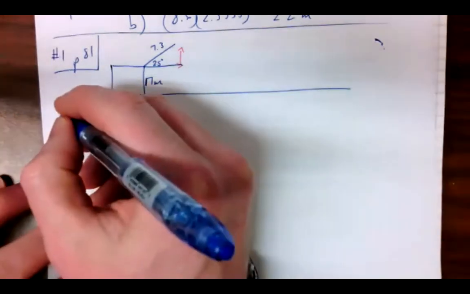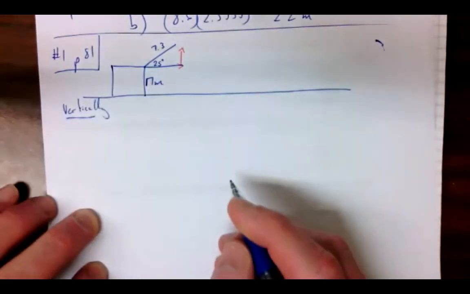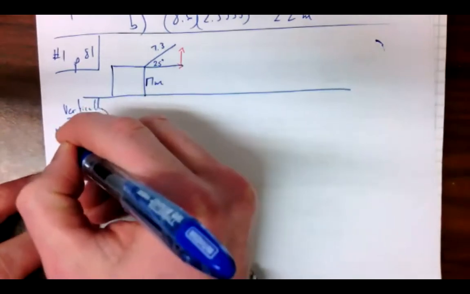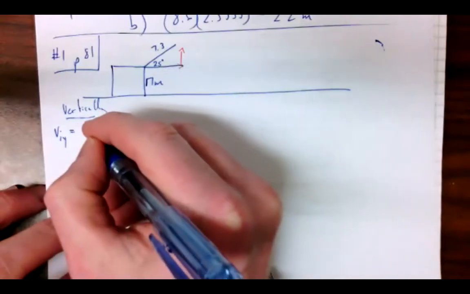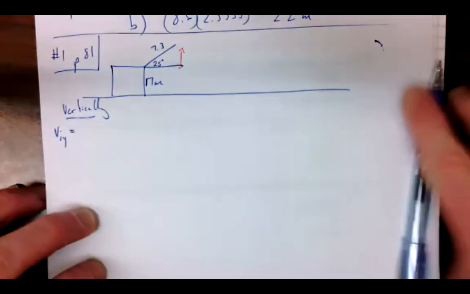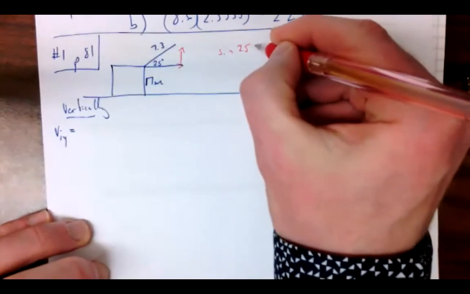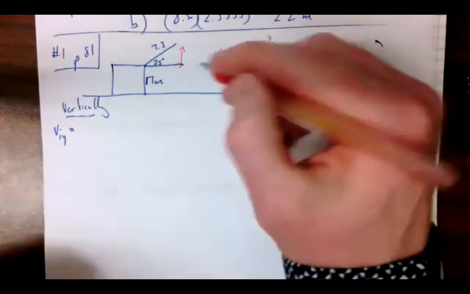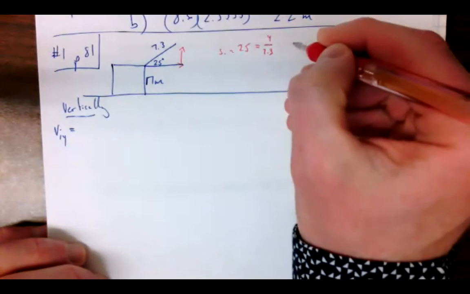So vertically, we have two bits of info here. Initial velocity, so VIY, is going to be the sine, the red here. This is sine of 25 equals y over, which is the opposite side, over 7.3.